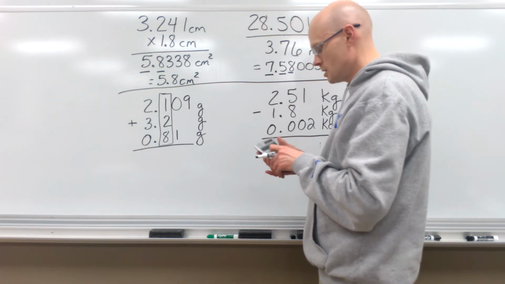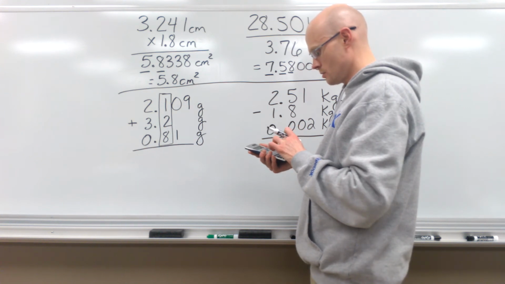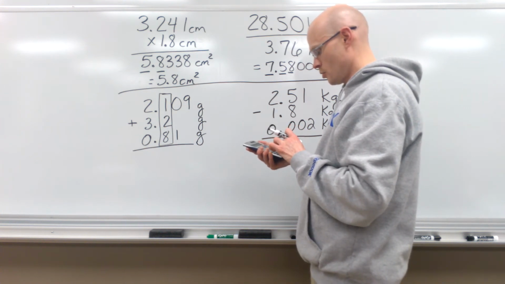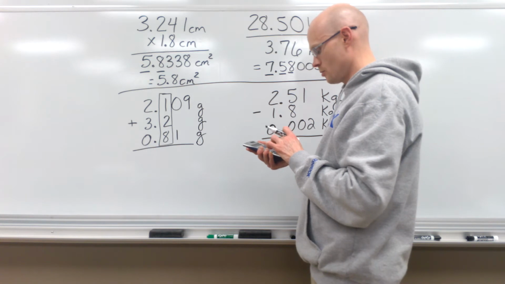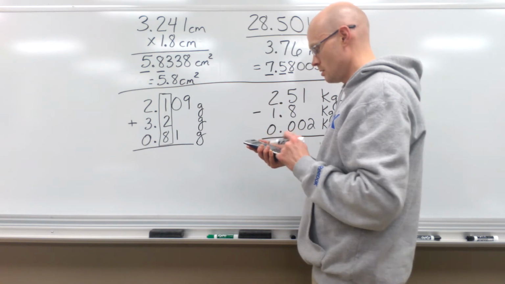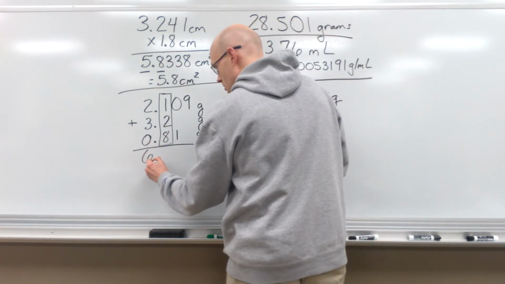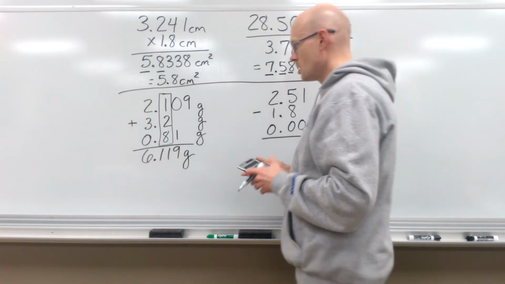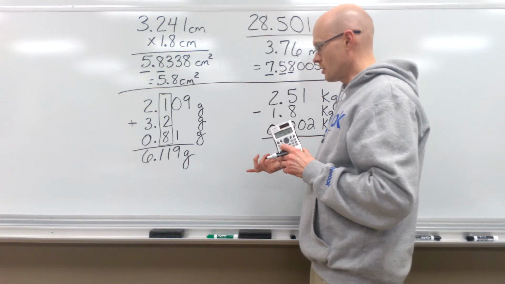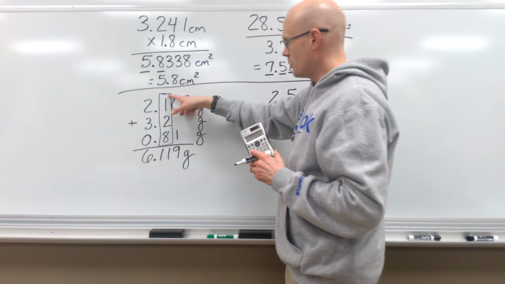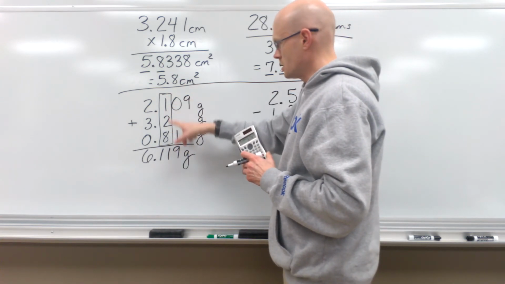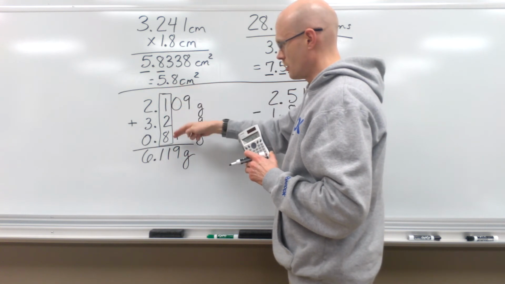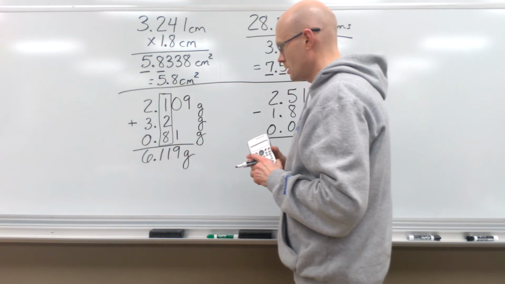So when we put this into the calculator, 2.109 plus 3.2 plus 0.81, the calculator says 6.119 grams, we can't record that as our answer. We have to record the answer with the decimal placement, the precision that is shared between all 3 quantities.